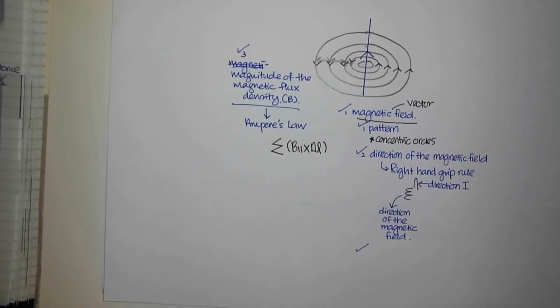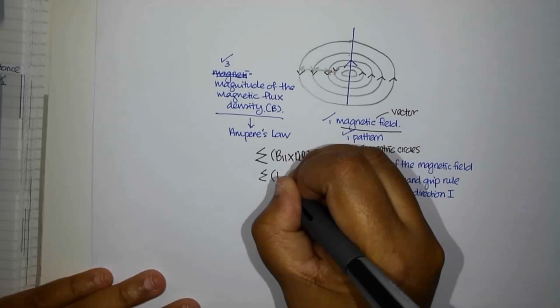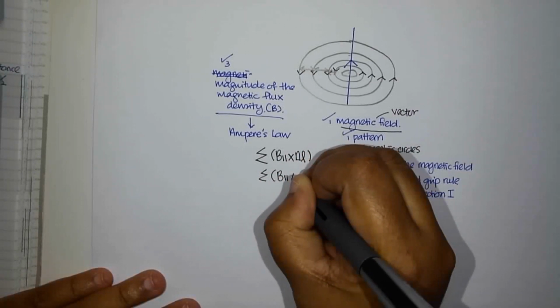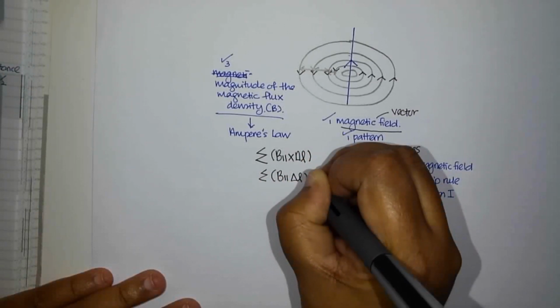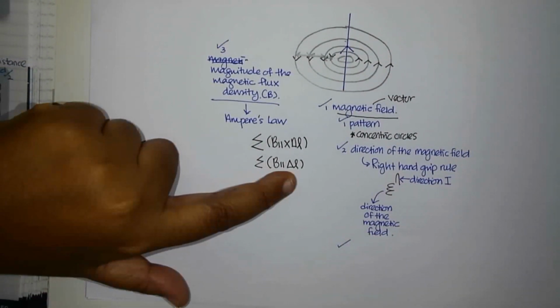When it says the word times, we just put it in a form like this: B parallel to delta L.